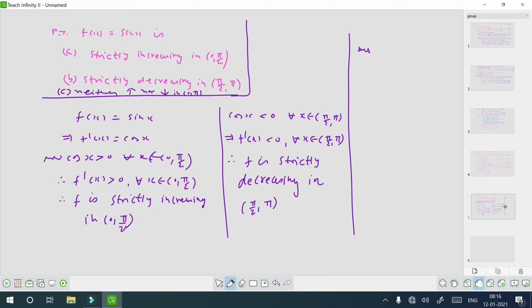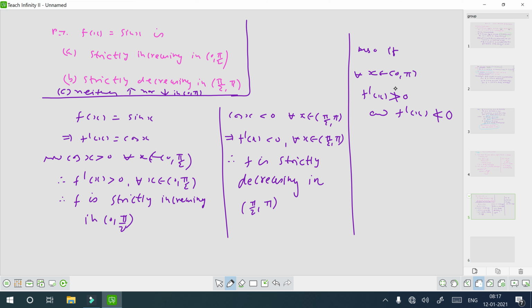Also, if x belongs to 0 to pi, for all x belongs to 0 to pi, f dash x is not greater than 0 and f dash x is not less than 0 for all x in this interval.